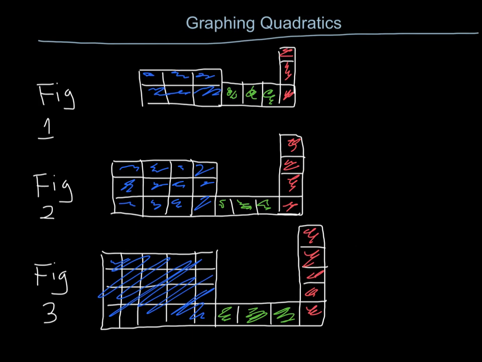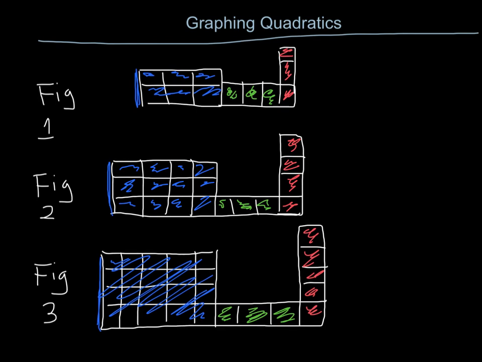So, okay, now that I've got my color changes, now what I do is I start comparing it to my figure number. So I look at this first one, and I see that I have 2 rows right here. I look down here and see that I have 3 rows. And then I look down here and I see that I have 4 rows. So each time I'm gaining a row. So how does that compare to my figure number?